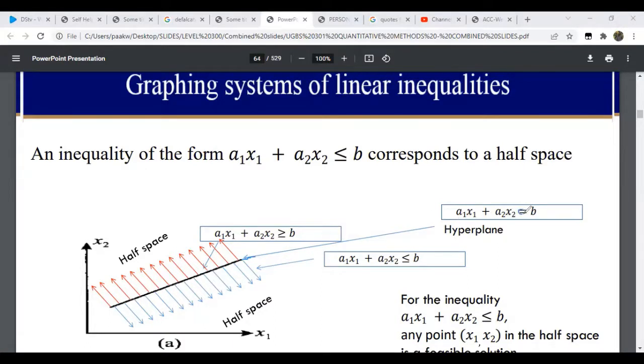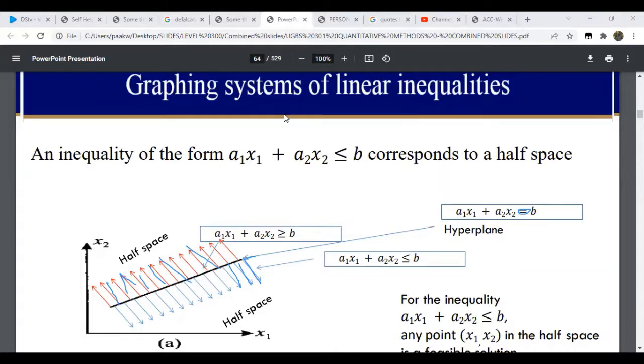Then when it is greater than or equal to, you shade upwards, like what they have done here. When it is less than or equal to, after drawing your straight line, you shade downwards. That's when you see less than or equal to. When it is greater than or equal to, you shade upwards.